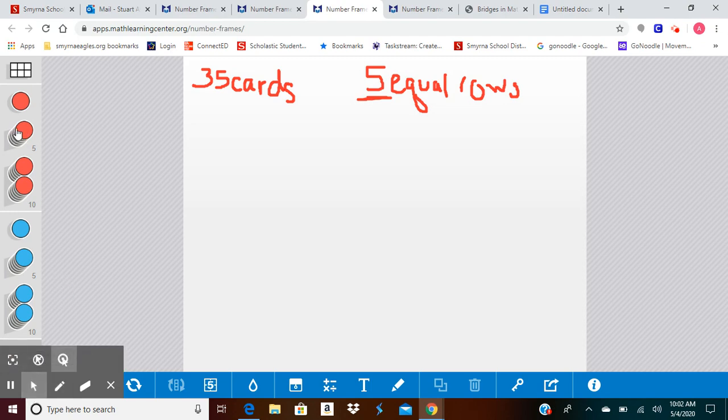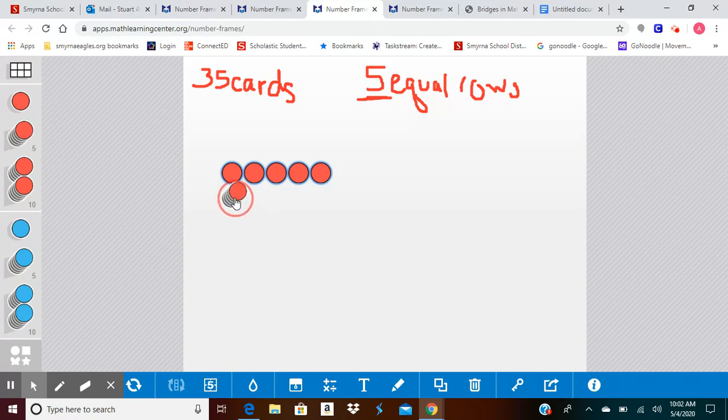So let's make a row of 5. This one should be pretty easy because we are really good at counting by 5s. So we have 5, 10.